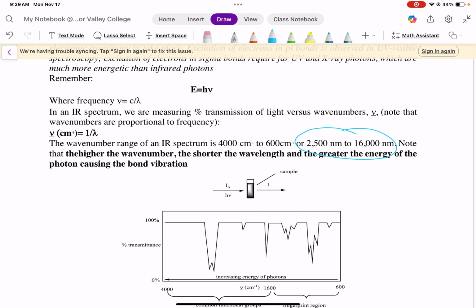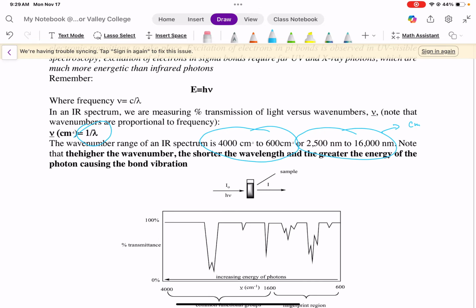If you take that and convert that to centimeters, and then invert that, 1 over lambda, the wavelength, you get around 4,000 inverse centimeters to around 600 inverse centimeters.